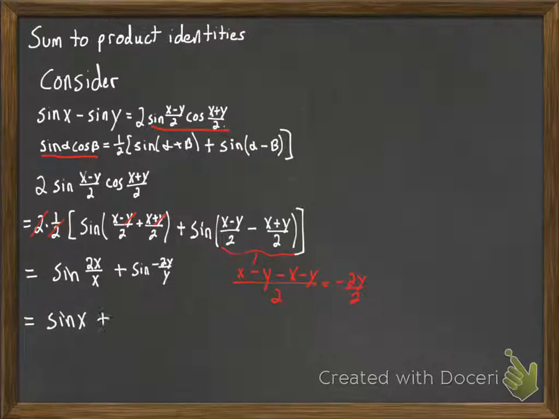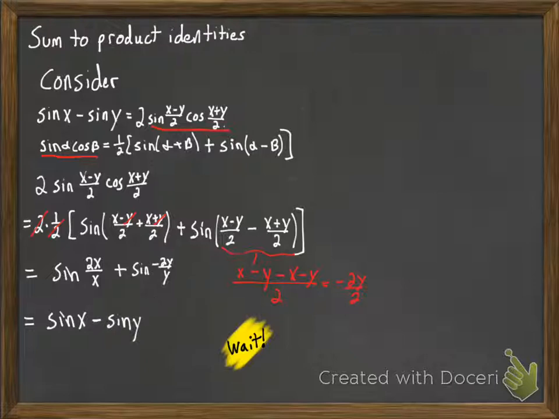Sine of 2x over 2 is sine x. Sine of negative 2y over 2 is sine of negative y. Looks all fine and dandy right now. Wait just 1 second. Sine of negative y, because sine is an odd function, is the same as the negative of sine of y.